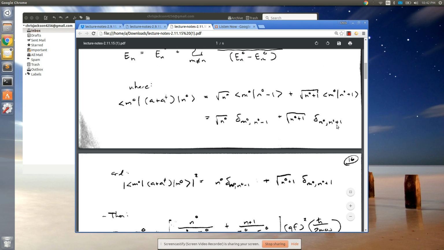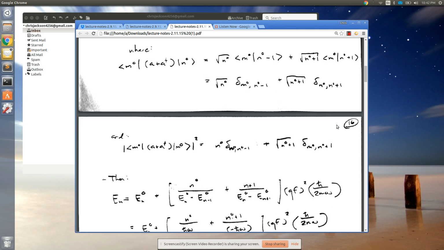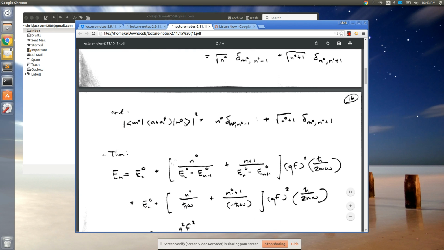I'm no mathematician, but those two can never be equal, so that cross term always vanishes. So we've got the matrix element squared. It goes like N naught times this delta function, and this square root shouldn't be there; it should be N naught plus 1 times this delta function.